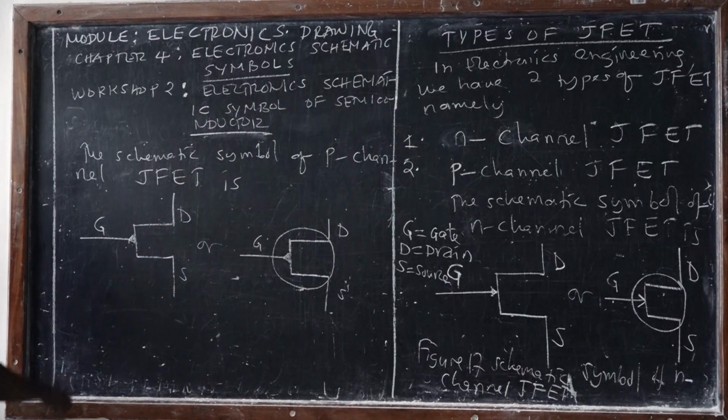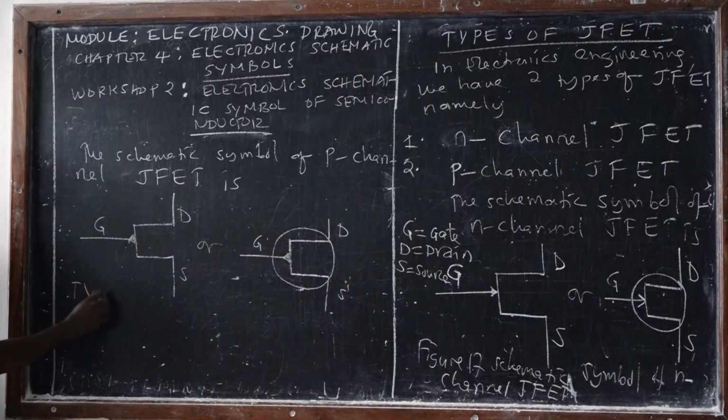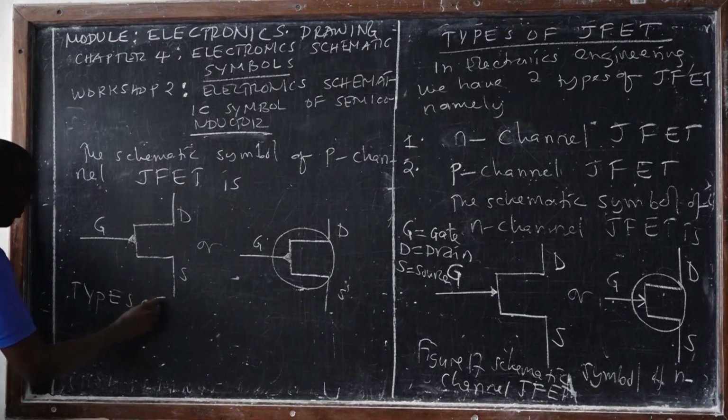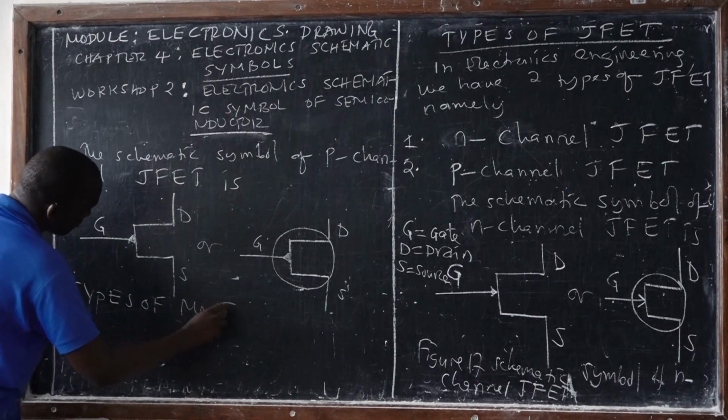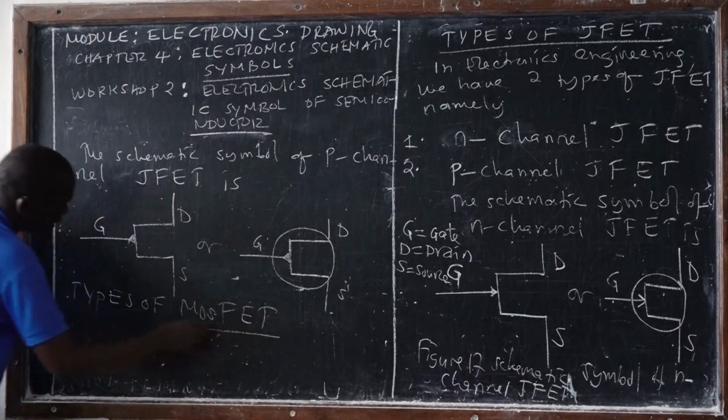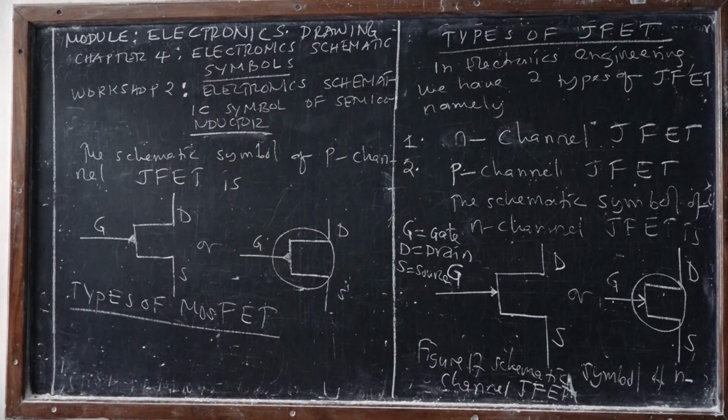Then we have types of MOSFET. Say types of MOSFET. What is the long form of MOSFET? Metal.